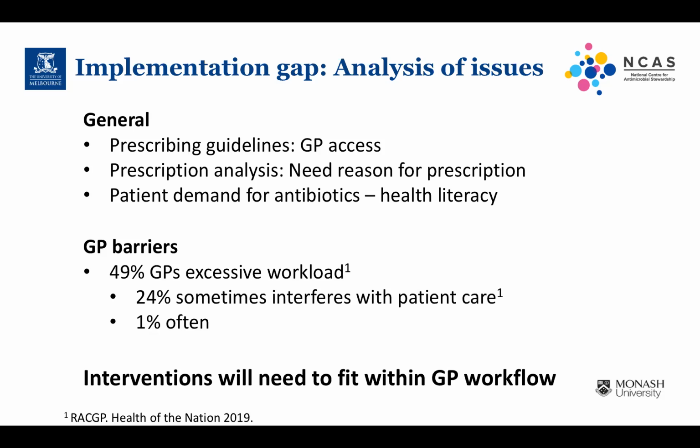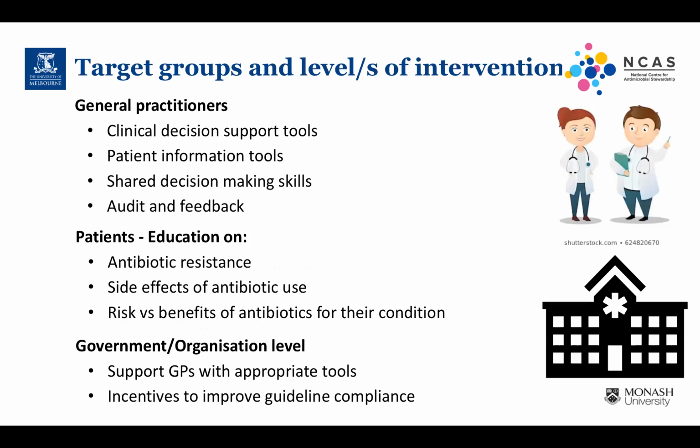So when we look at our target groups and levels of interventions, our GPs need clinical decision support tools, which are things like antimicrobial guidelines integrated into their software. They need patient information tools to help explain to a patient, no, you really don't need antibiotics for your bronchitis.